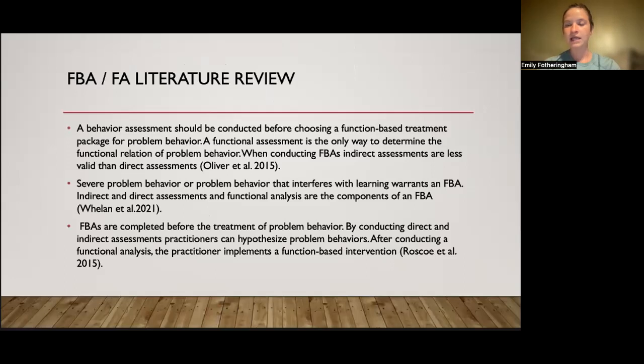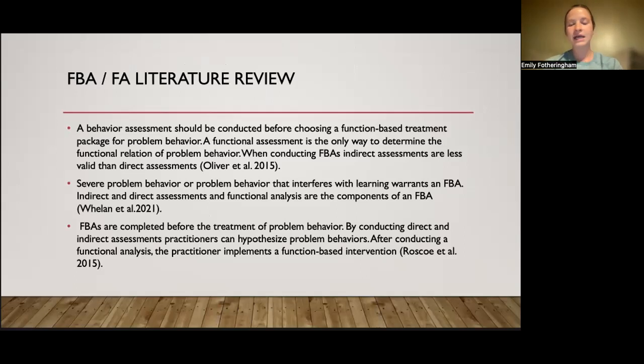I conducted a literature review based on functional behavior assessments, or FBAs, and a functional analysis, an FA. The first article that I am reviewing is from Oliver et al. in 2015.